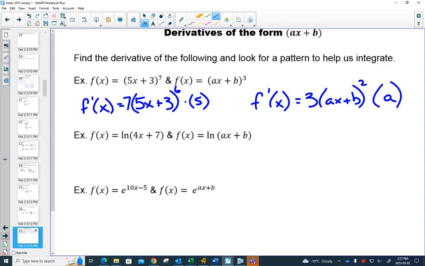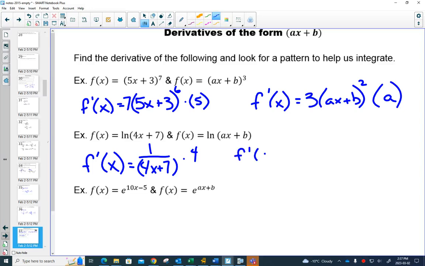Notice it's going to be true for your natural log. Here we have a chain rule with a line, 4x plus 7, inside of the natural log. Its derivative would be 1 over, keep the inside the same, multiplied by the derivative of the inside times 4.